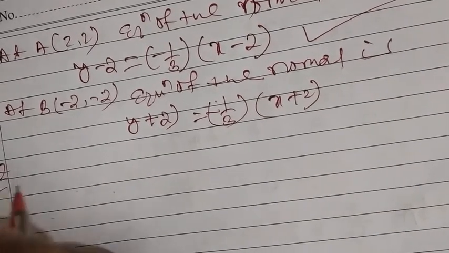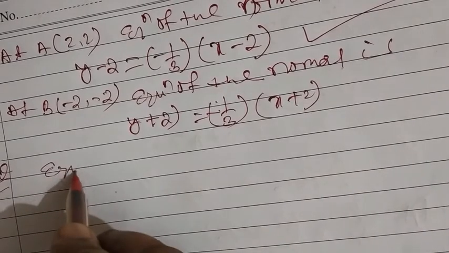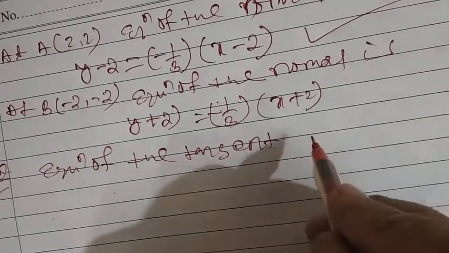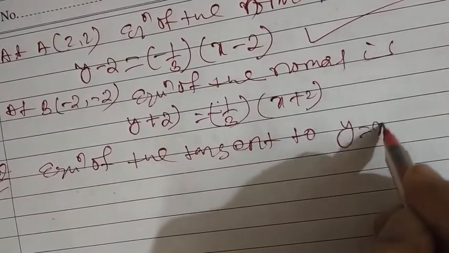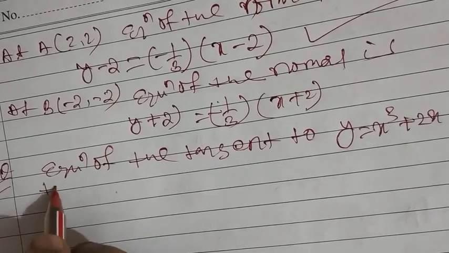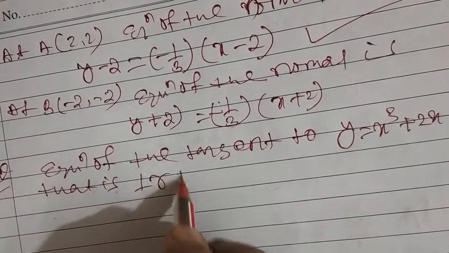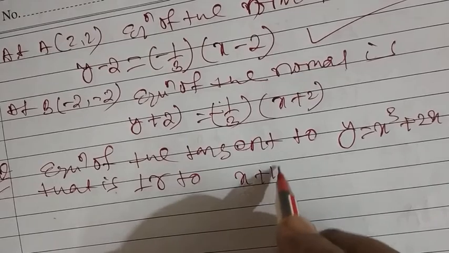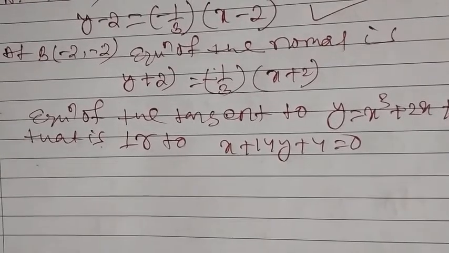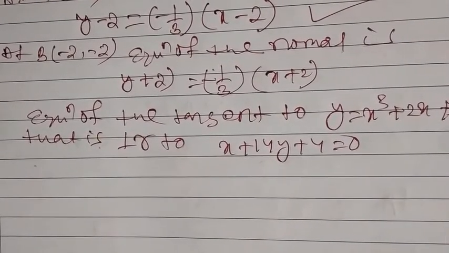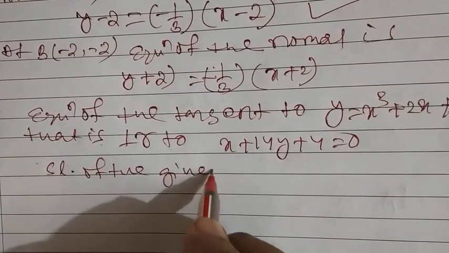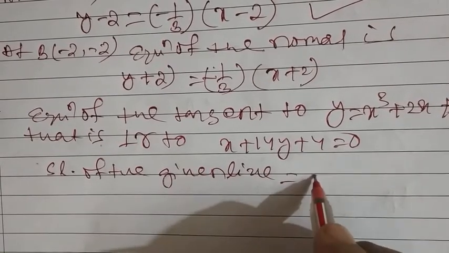Find the equation of the tangent to y equal to x cube plus 2x plus 6 that is perpendicular to x plus 14y plus 4 equal to 0. Your NCERT question and old board question. Now, the slope of the given line is minus a by b, minus 1 by 14.